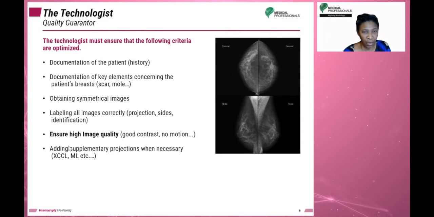One other thing I need to mention in terms of your documentation of history is if the patient has any type of nipple discharge, that should be documented, the color of the discharge, the duration of the discharge. Typically, if a discharge is clear fluids, white, it might not be of significance.